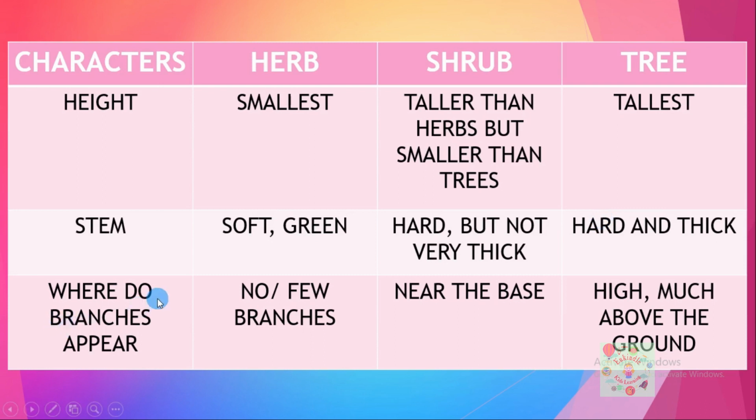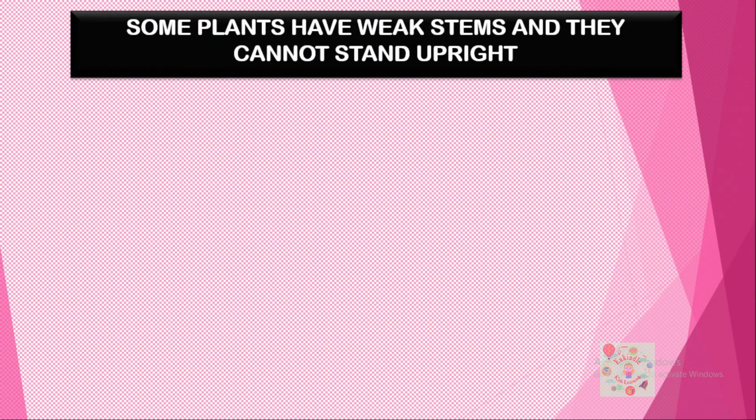Based on where do branches appear, for herb no or very few branches appear, whereas in shrub the branches appear near the base or close to the ground, whereas in the tree the branches appear at the height much above than the ground level.